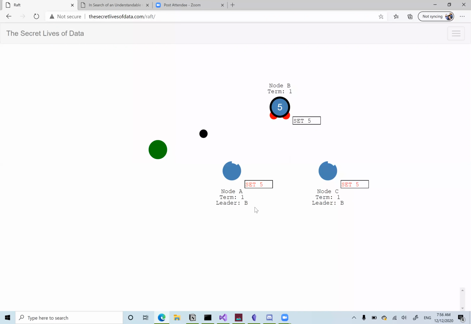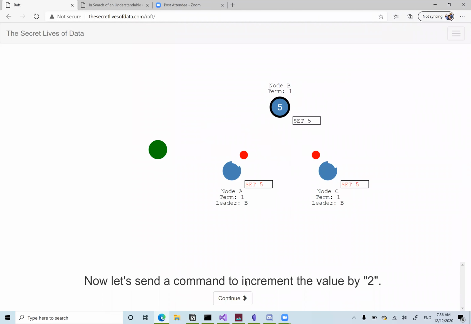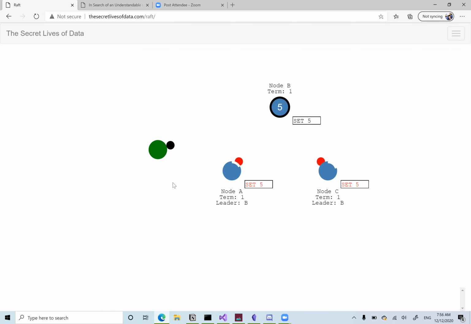right? And also it will send a command. Yeah, and then it will also send the request to commit this log to both of these followers, right? So that was this. Now I think the second command is that the log has to be added to 2, right? So the same thing happened.